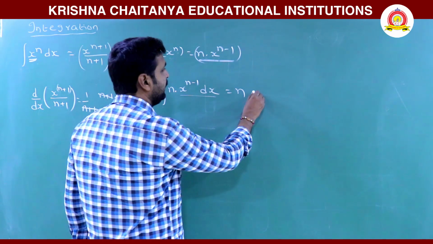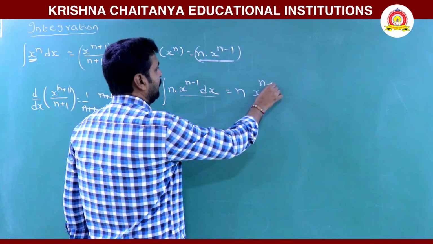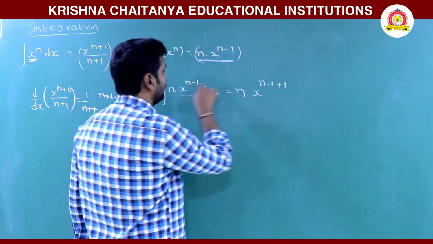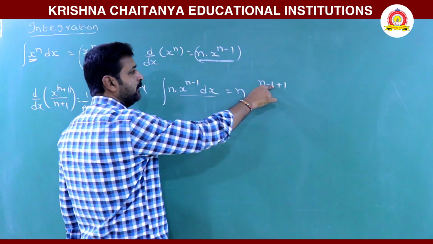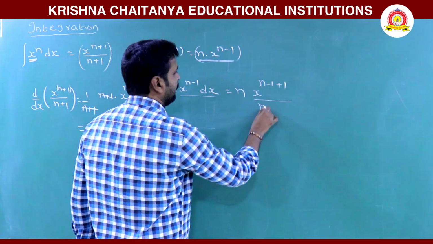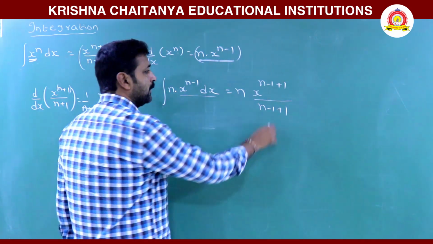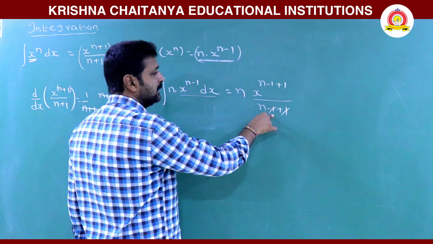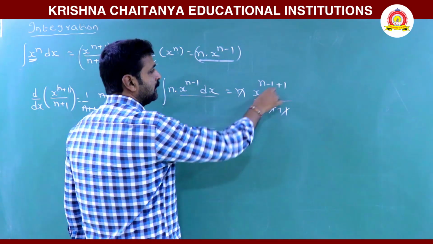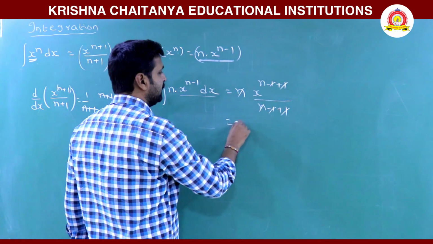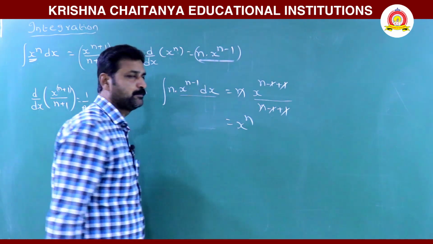So we write x power n minus 1 plus 1 by n minus 1 plus 1. Now minus 1 plus 1 cancels, this is n. Minus 1 plus 1 cancels, this is x power n.